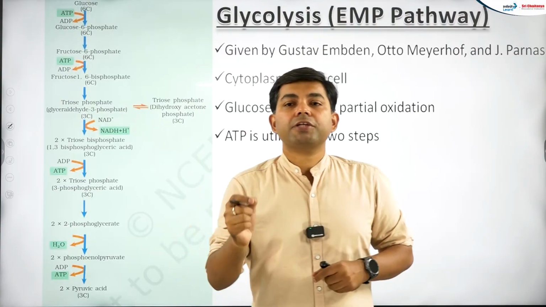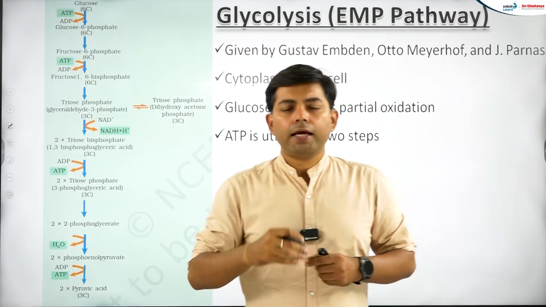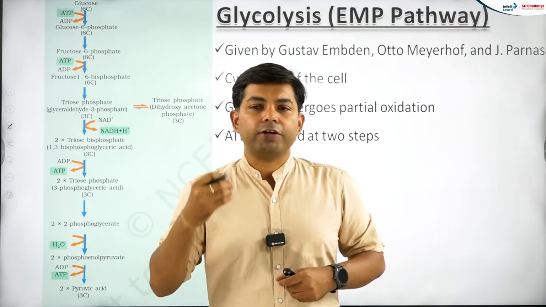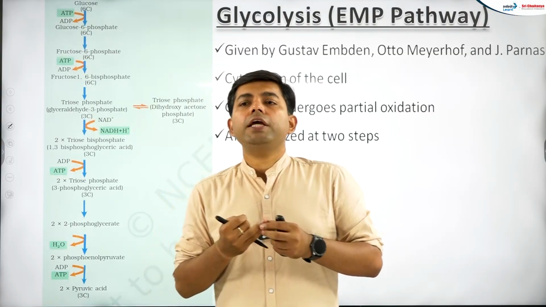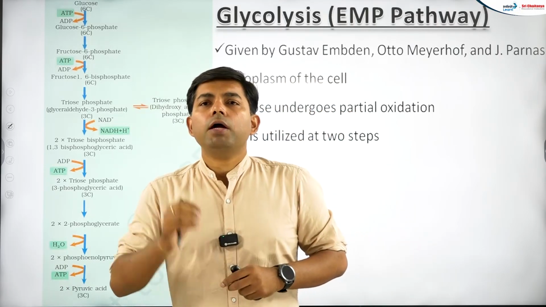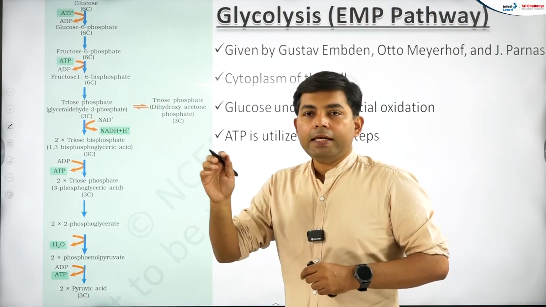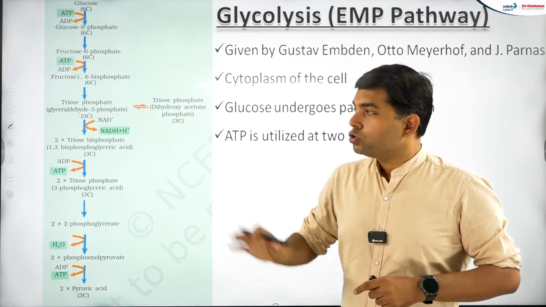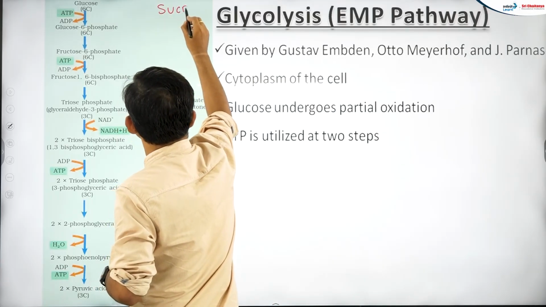What is the substrate of glycolysis? The substrate of glycolysis, or of respiration, can be carbohydrate, protein or fat. All three can be the substrate, but the most common substrate is carbohydrate. And in carbohydrate also, sucrose is the most common substrate for glycolysis.